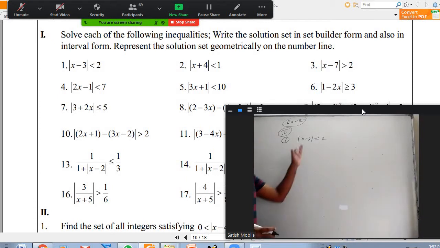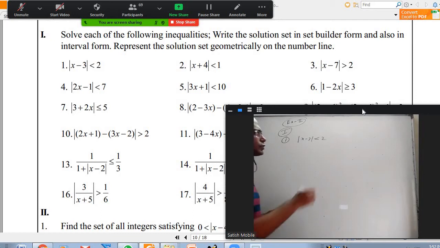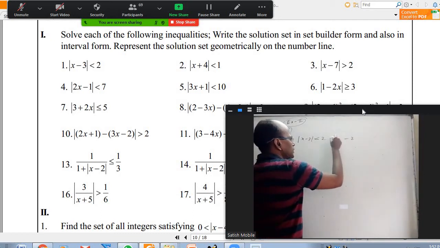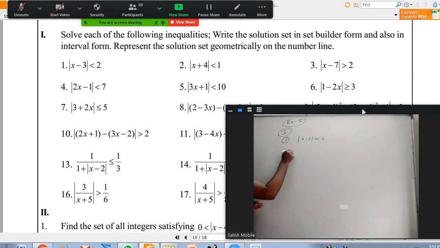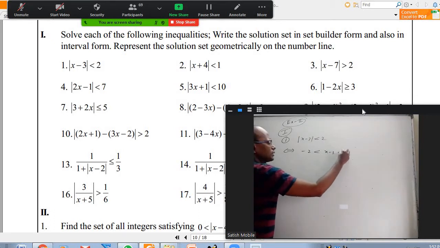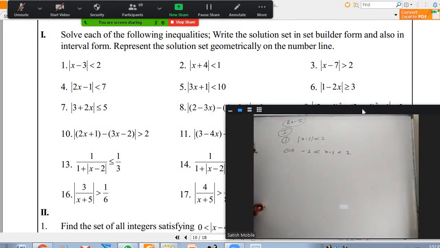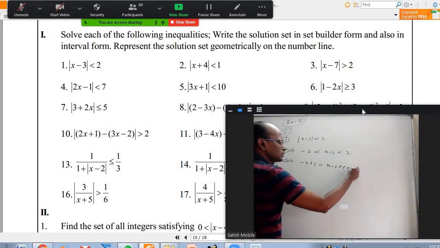We already discussed whenever mod x is less than k, that inner part should be between minus k to k. We know that. So, double implies, we are always writing double implies because we want to get complete set of answer, nothing more, nothing less. So minus 2 less than x minus 3 less than 2. Now I can add 3 everywhere, inequality will not change. So minus 2 plus 3 less than x minus 3 plus 3 less than 2 plus 3.